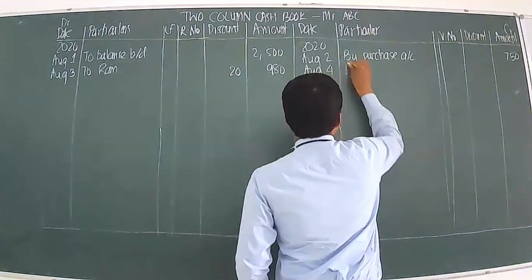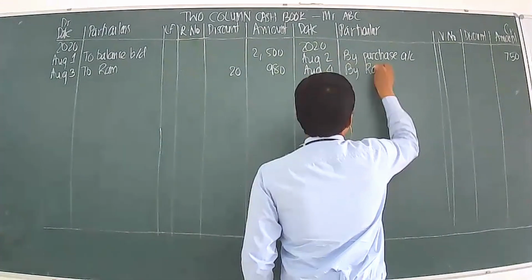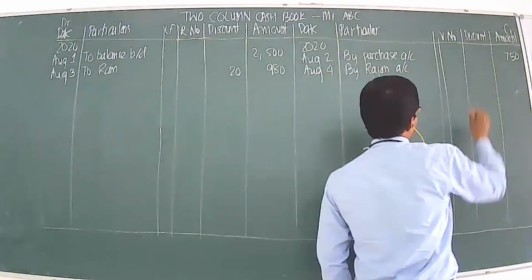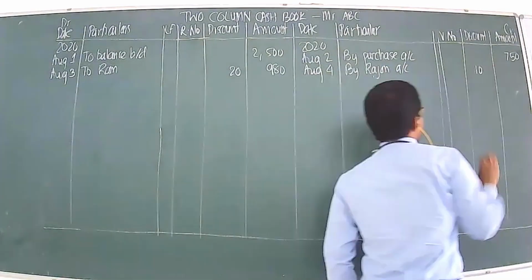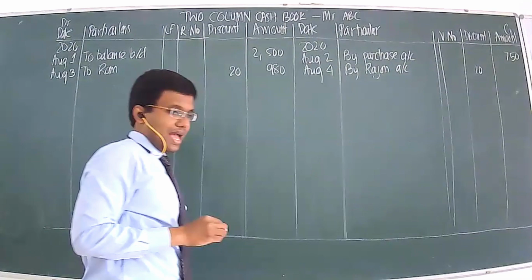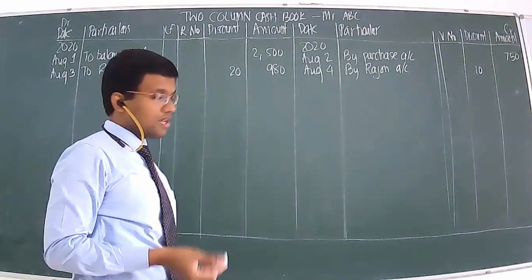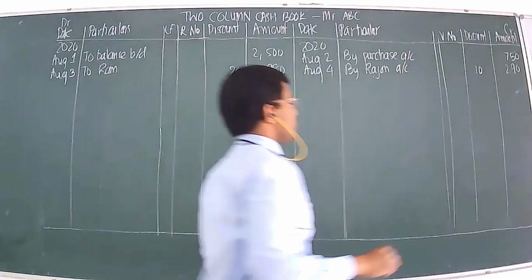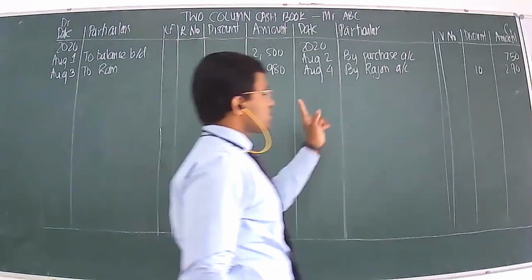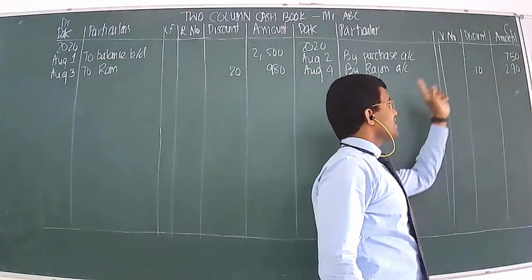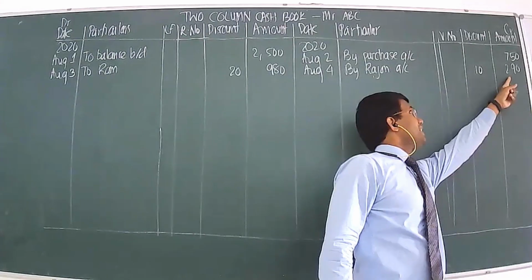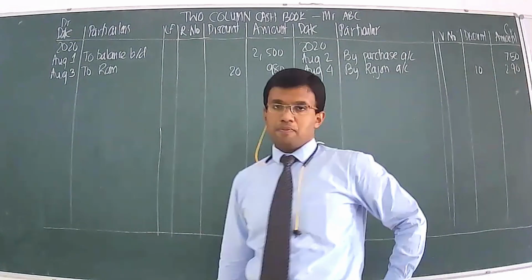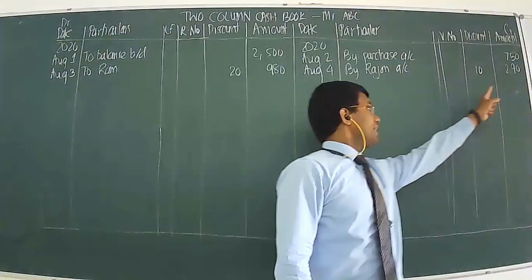So By Rajan account, amount is 10, so you're receiving a discount of 10 rupees, and then you're paying him 290 rupees. So when you look at this transaction, what you will understand is that you have paid him 290 rupees, and along with that you have received a discount of 10 rupees. Okay? You have paid him an amount of 290 rupees.